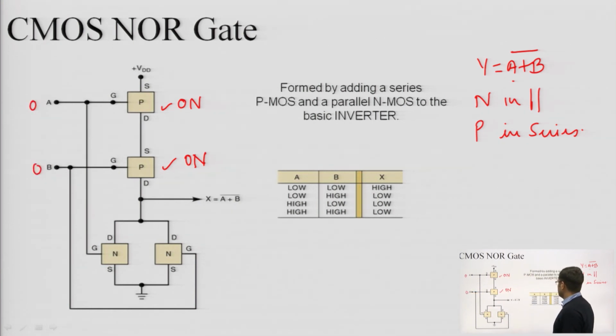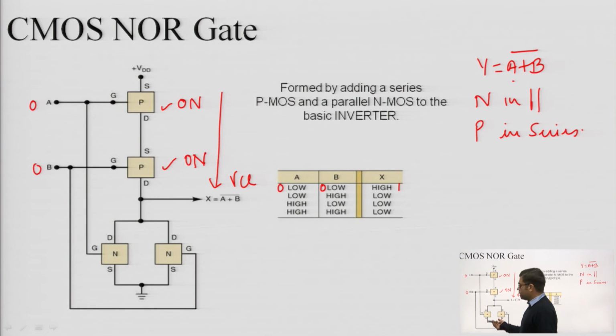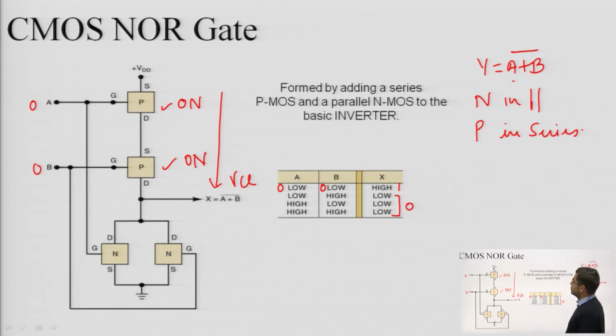So for 0 0, both transistors will be on and the output will be connected to VCC, so I will be getting a high output. In any other situation, I will be getting the low output. So this is the CMOS NOR gate.